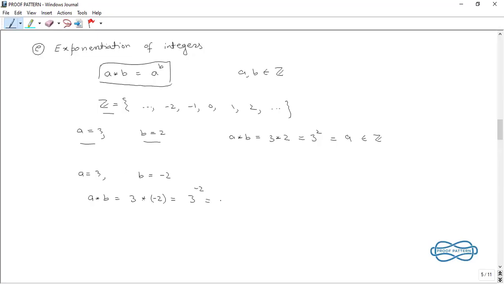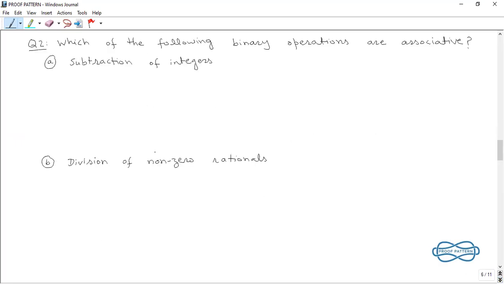So this is equal to 1 over 3 squared, which is equal to 1 over 9. And that 1 over 9 does not belong to the set of integers. So this binary operation is not closed. We can write that exponentiation of integers is not closed. Okay, we move to exercise number 2.